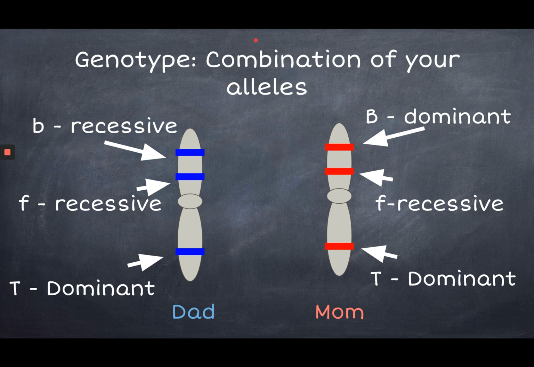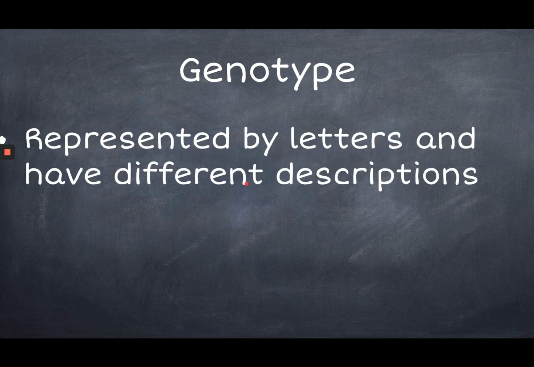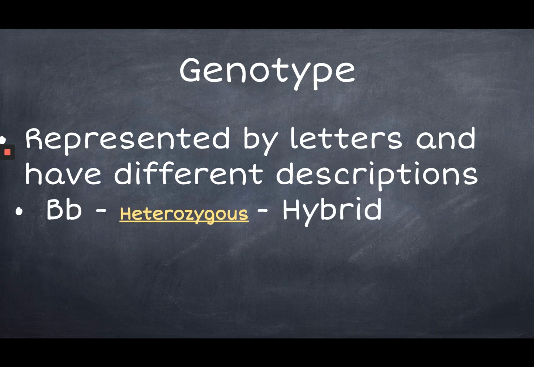You can get a combination of those alleles: dominant and dominant, dominant and recessive, or recessive and recessive. Let's say you get two different ones, a dominant allele and a recessive allele.